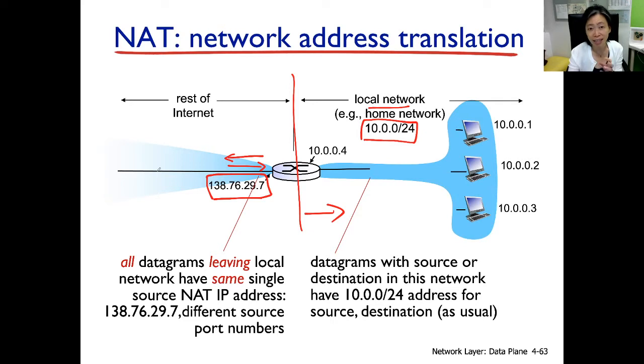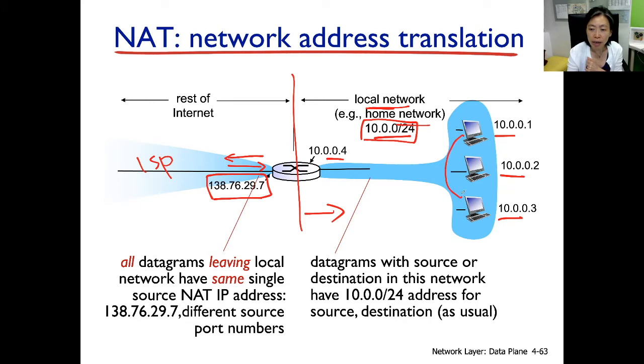Instead of asking the system admin for a block of IP addresses we can't afford, we use a fake block of IP addresses. We call this the local network or home network. Each interface is assigned an IP address on the fake subnet. So these are then fake IP addresses.